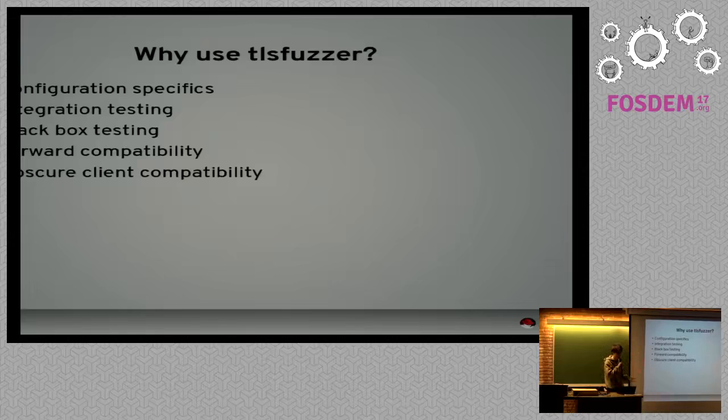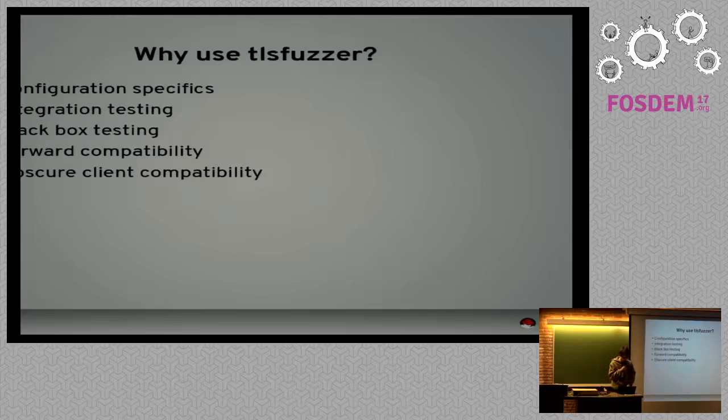TLS as a protocol has a way to negotiate the version that is commonly supported between the client and server, but some servers implemented it wrongly. That was one of the reasons why we needed the fallback SCSV. So that's also forward compatibility.